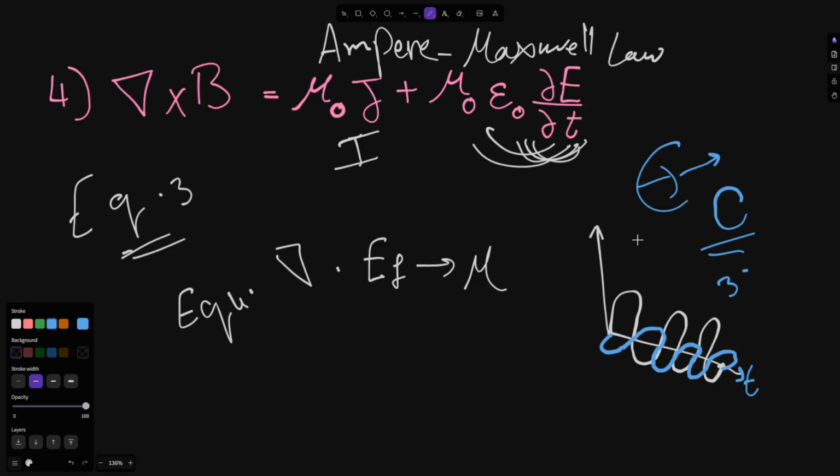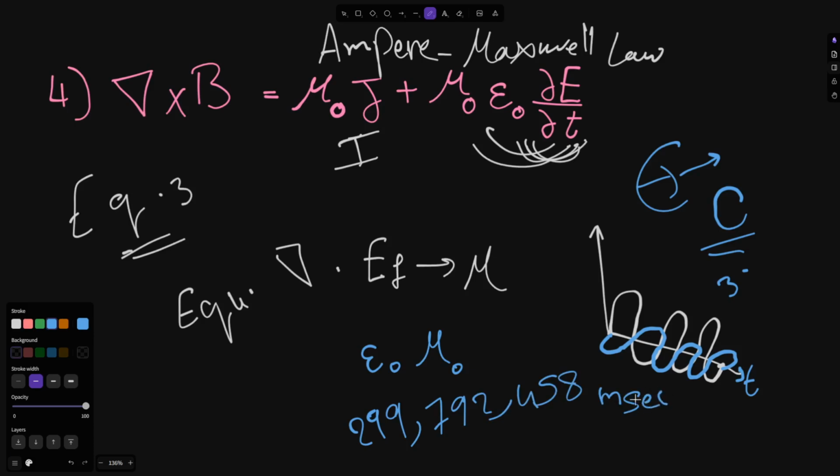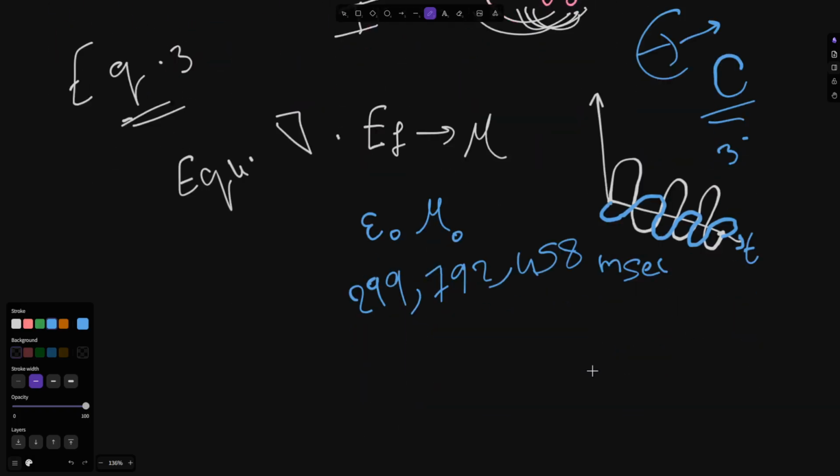Maxwell calculated the speed of this chain reaction from two numbers, epsilon naught and mu naught. The result came out to be exactly 299,792,458 meters per second. And by that, Maxwell looked at this paper and realized something. This is not just electricity, this is light.